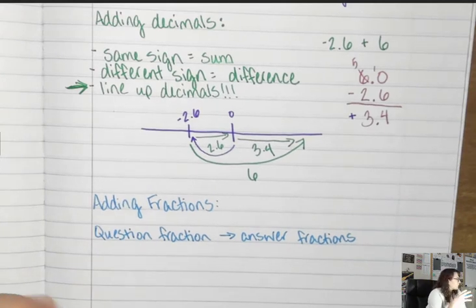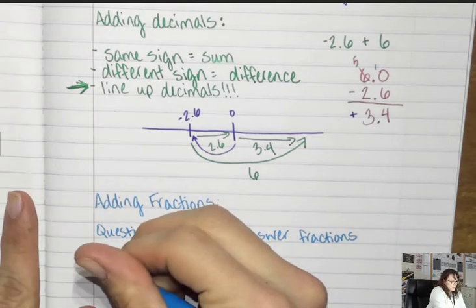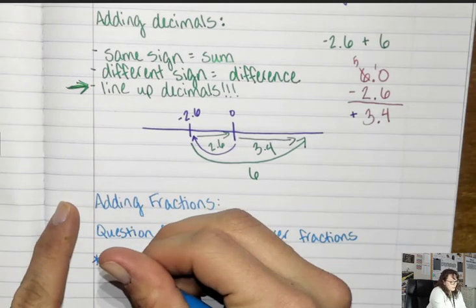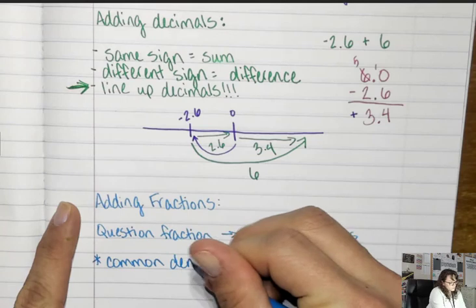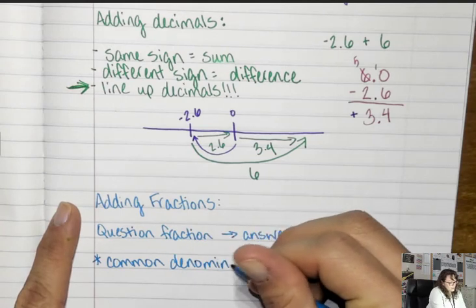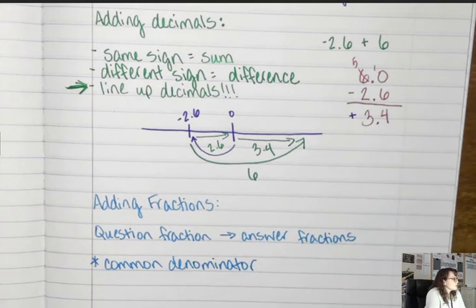So just like what, 4th, 5th grade when y'all learned about adding fractions? Somewhere in there? That's okay. The biggest thing to know is you have to have a common denominator. I like to think of fractions as puzzle pieces.